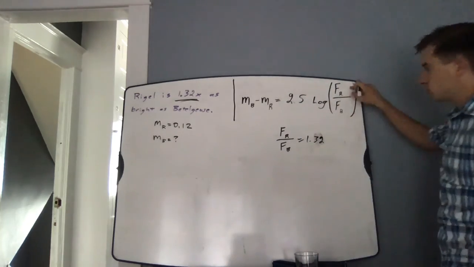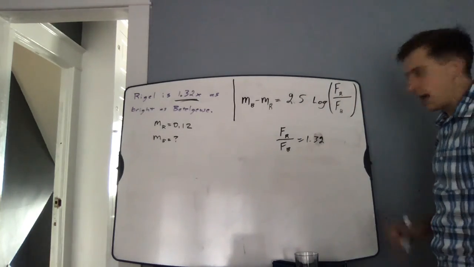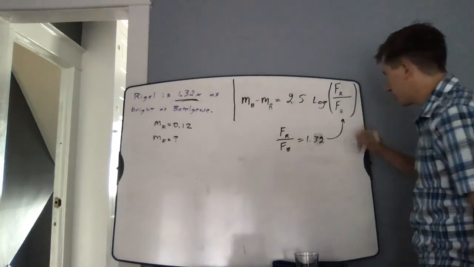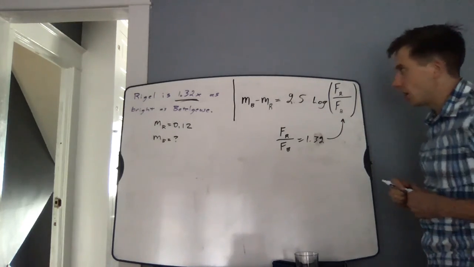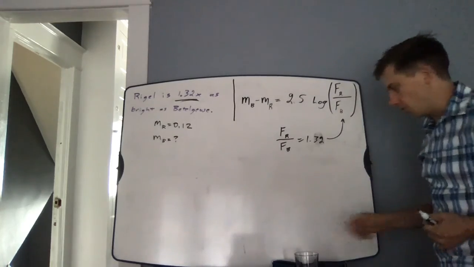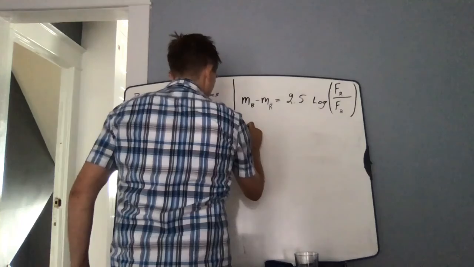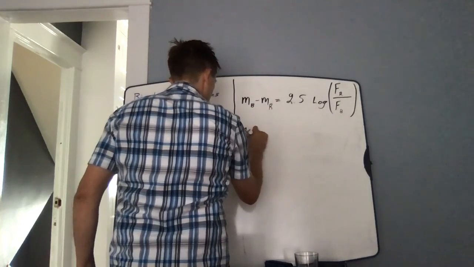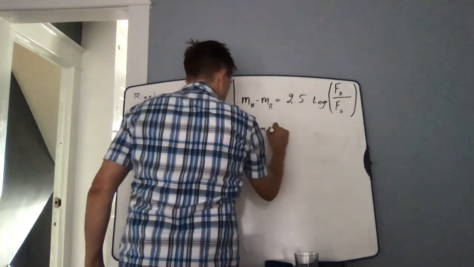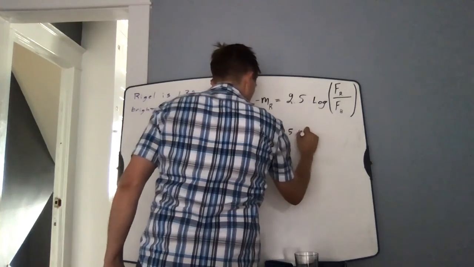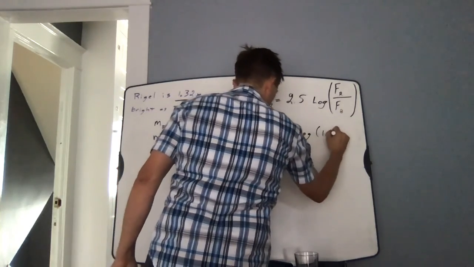So even though I have two terms in the parentheses up here, I'm just going to be plugging in a single number inside that parentheses. We are already given that ratio. So I could write this as MB minus MR equals 2.5 log of 1.32.